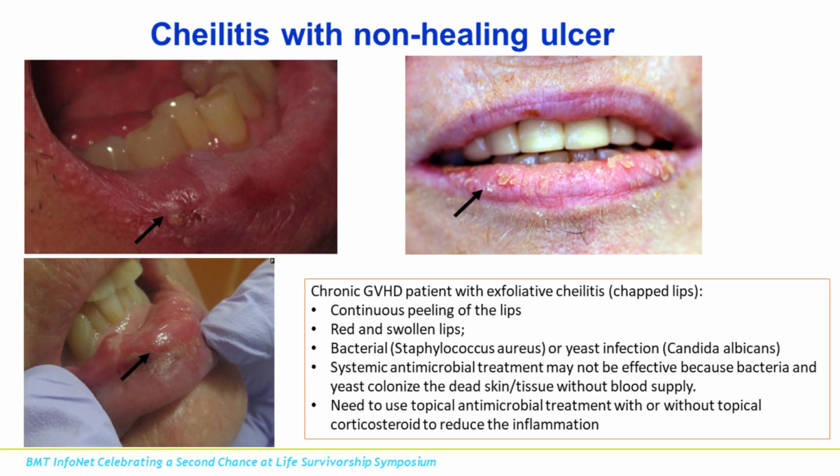Okay. This is another common thing that we see in patients, not as common as thrush. This is called cheilitis. Cheilitis means lip inflammation and chapped lips. The patient will describe thickening, almost peeling of the skin of the lips. Sometimes they build up a lot thicker.